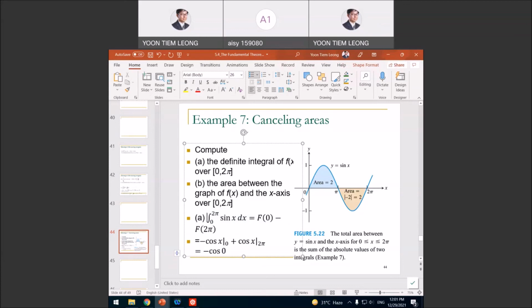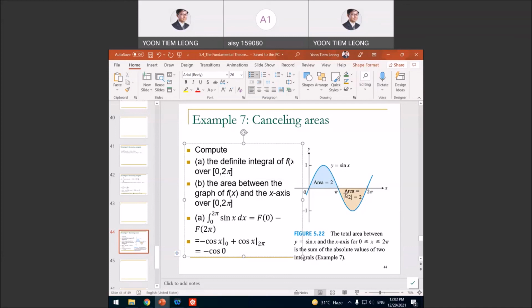So if you want to calculate the area, here, the area is to be integrated from 0 to pi. So for B, the area between the graph of sine x and the axis over 2 pi: you have the area which is on the positive side and the area on the negative side.